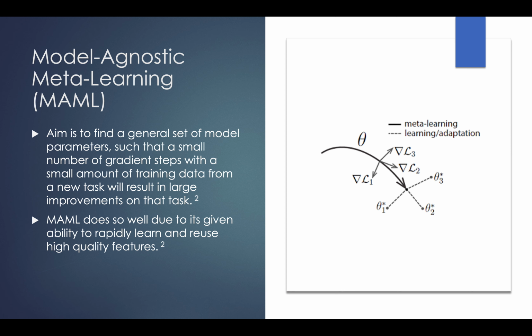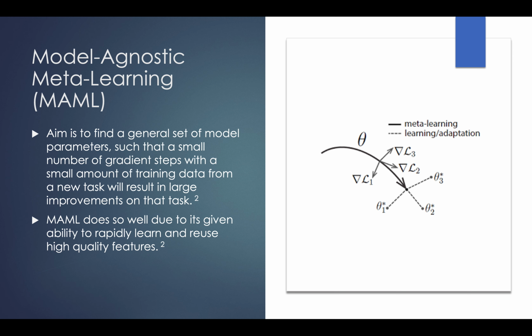So Model-Agnostic Meta Learning, or MAML for short, is aiming to find a general set of model parameters such that a small number of gradient steps with a small amount of training data from a new task will result in a large improvement on that task. And MAML does so well due to its ability to rapidly learn and reuse high-quality features.